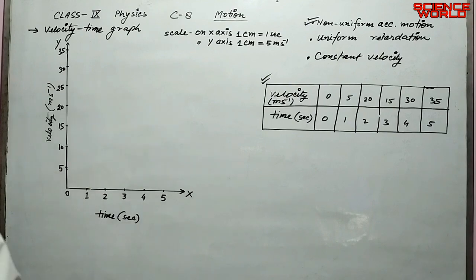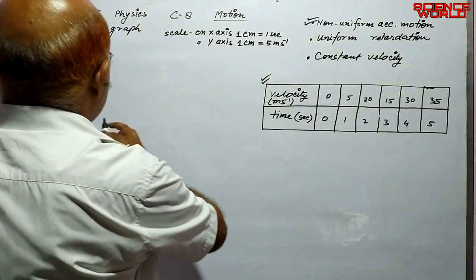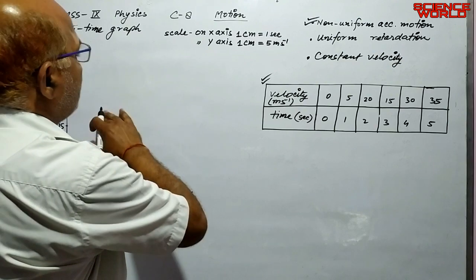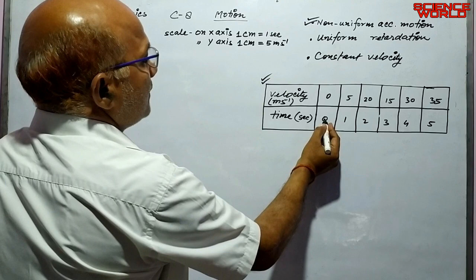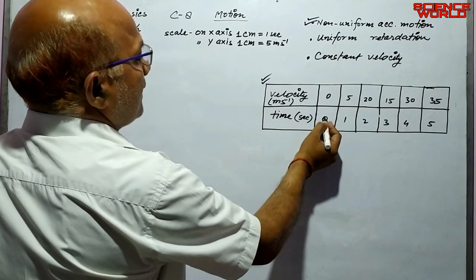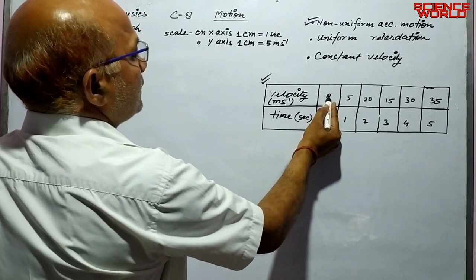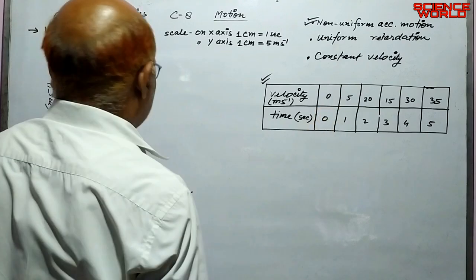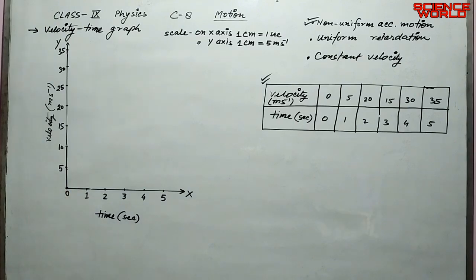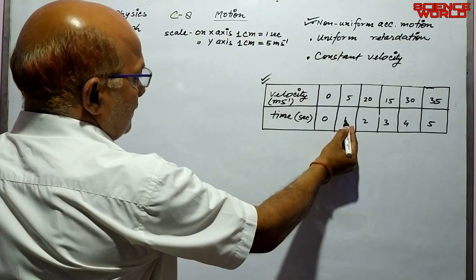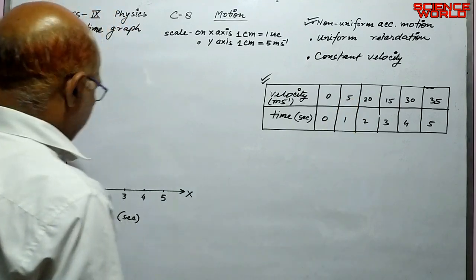So, now to draw velocity time graph by using this data, let us start. Time is 0 second and at this time the velocity of the body is 0. So, this is 0 second and velocity is 0 here. So, put a point here and now in 1 second the velocity is 5 meter per second.